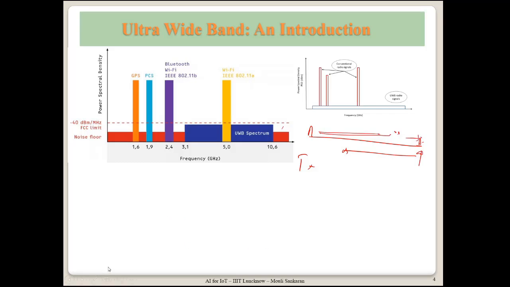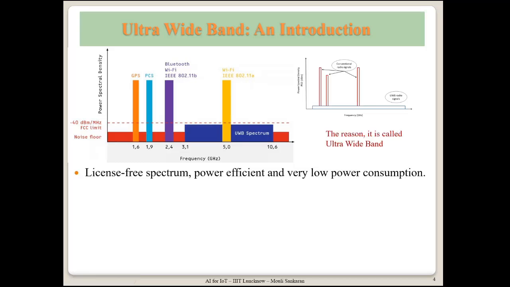Let me explain a little bit more once I give you more information. It is short pulses in predefined time slots that are sent by the transmitter. Now I will tell you where it is used and how it is used.